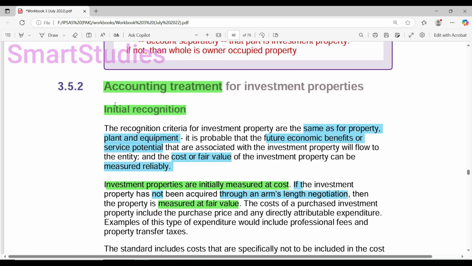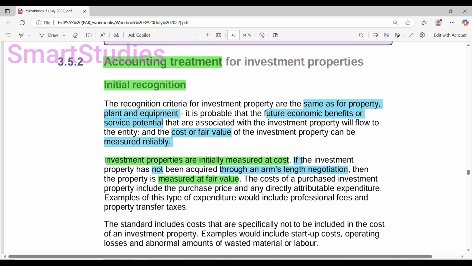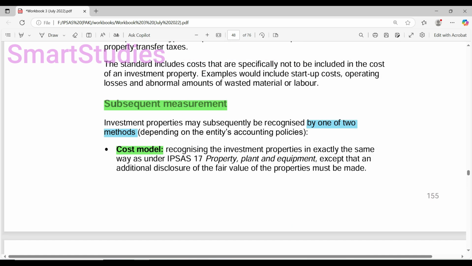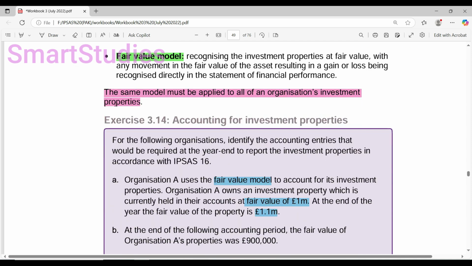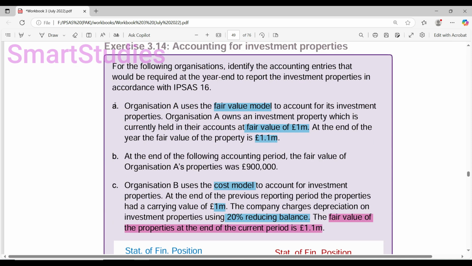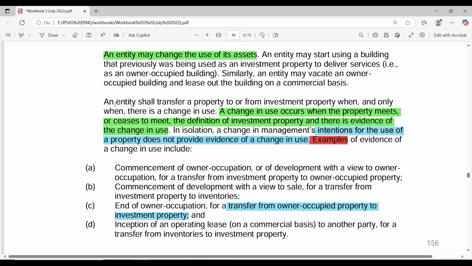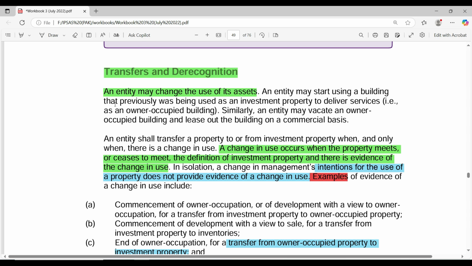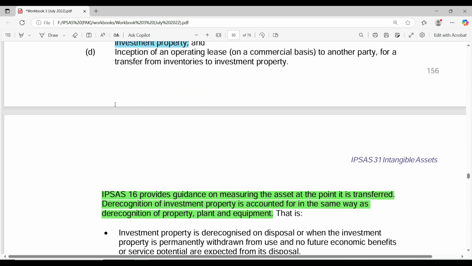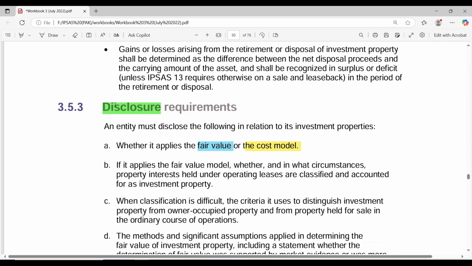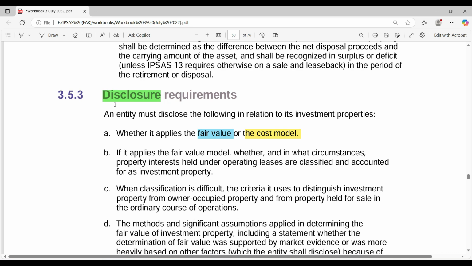Further, we discussed the accounting treatment of investment properties, initial recognition and subsequent measurement, and example 3.14 on accounting for investment properties. After that, transfer and derecognition of investment properties were discussed. And further, at the end of this IPSAS 16, the disclosure requirements of this standard were discussed in detail.